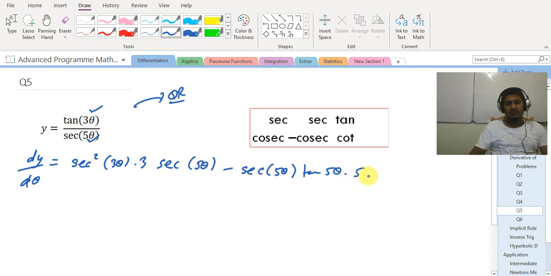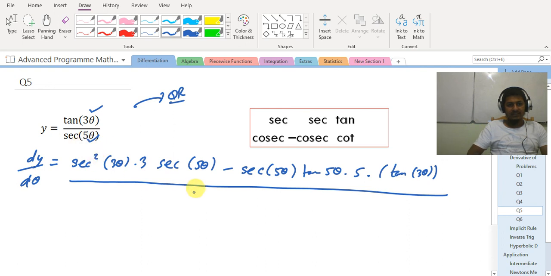and don't forget to leave the top, which is tan 3θ. You don't have to put it in bracket, just put it times 3 tan 3θ, don't forget that, all over sec, square the denominator, sec squared 5θ.